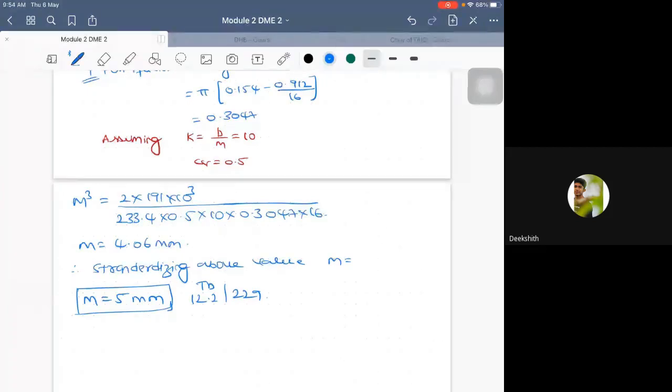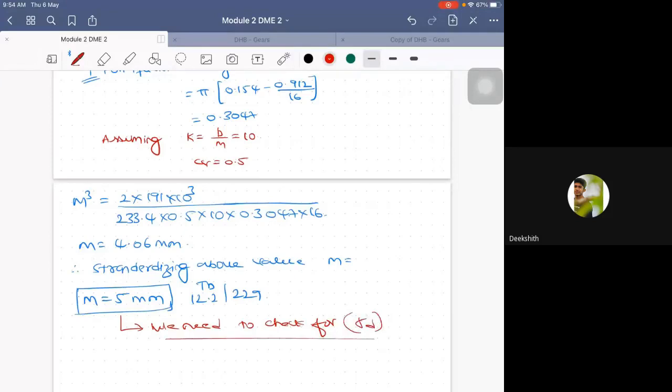We will stop here and continue the problem from here in the next class. The next step is, we have found out the module and even standardized it, but we need to check for the design stress, so that whatever module we have decided upon is correct. Okay, we will do it in the next class.